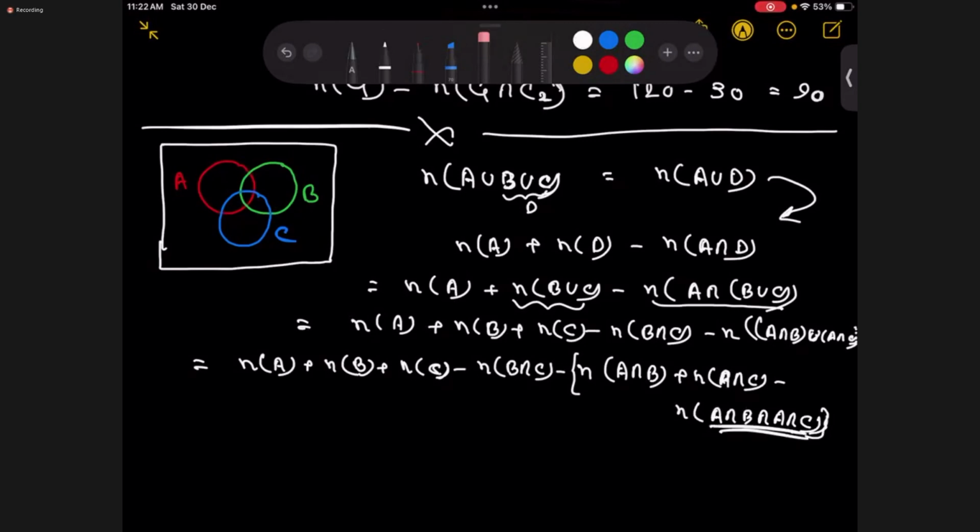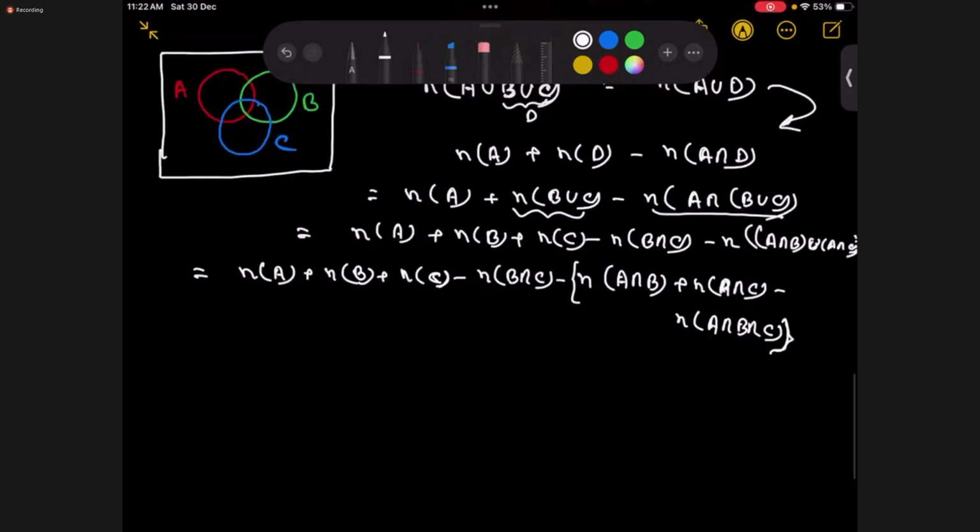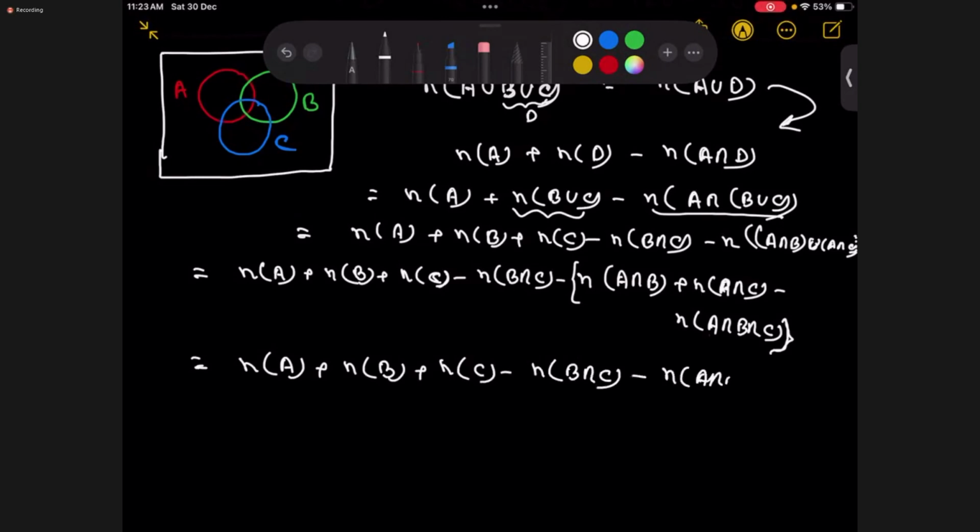Here we have an intersection of two times A, so this thing is nothing but A intersection B intersection C. Now write it again and we will get the answer. This is equal to N of A plus N of B plus N of C minus N of B intersection C minus N of A intersection B minus N of A intersection C plus N of A intersection B intersection C.